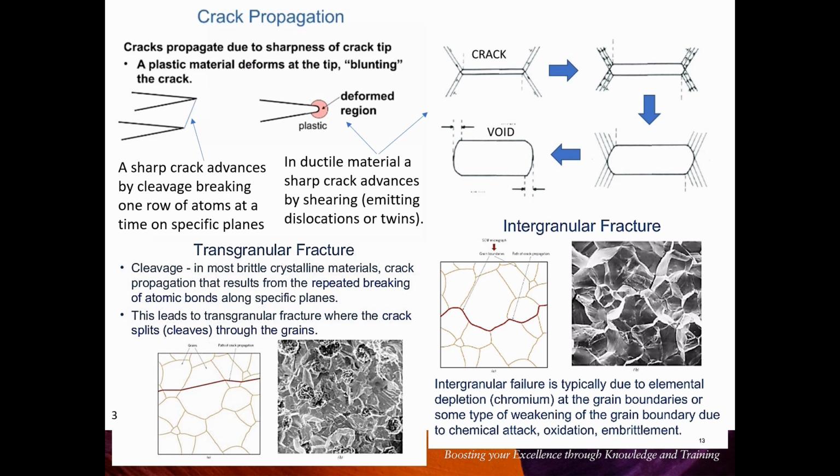The other way is for the precipitates themselves to fracture because they're under a lot of stress, because they're not deforming plastically, and that's another way to create cracks.